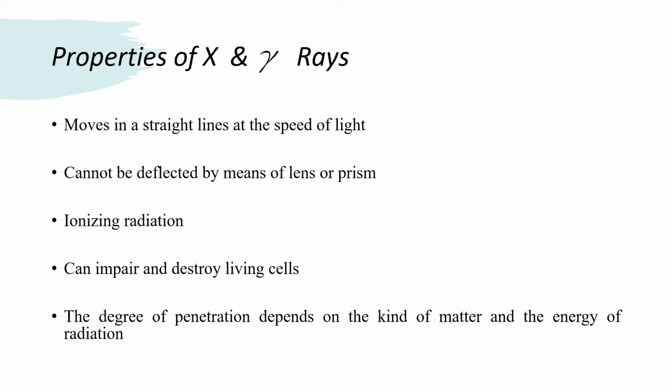They cannot be deflected by means of lens or prism, although their path can be bent by a crystalline grid. They pass through matter. The degree of penetration depends on the kind of matter and the energy of radiation. They are ionizing radiation, that is to say that they liberate electrons in matter.